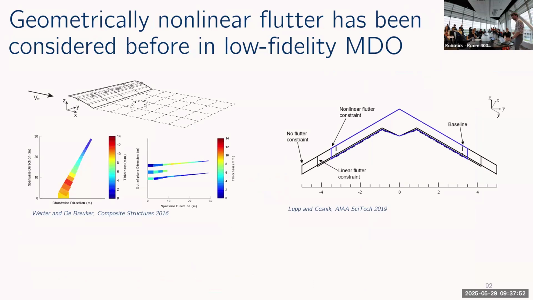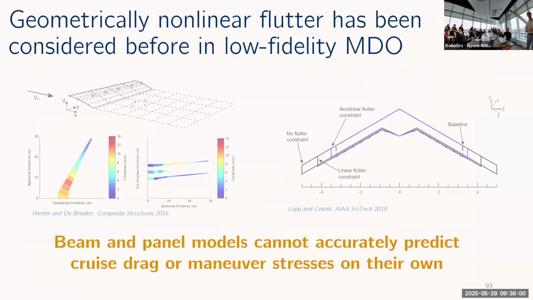These models are often sufficient for flutter prediction, but as I mentioned in the introduction, they can't do an accurate trade-off of drag and structural mass. So we can't do aerostructural optimization with these models on their own.